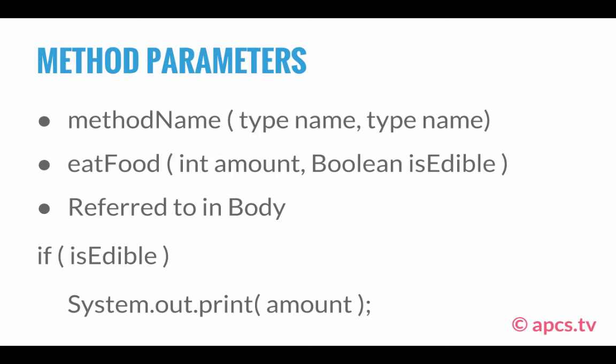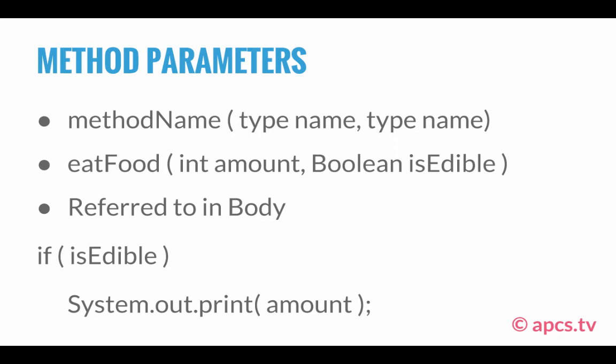Let's look at a sample method: eatFood(int amount, boolean isEdible). So what's going to happen is that int amount and boolean isEdible are two different parameters.